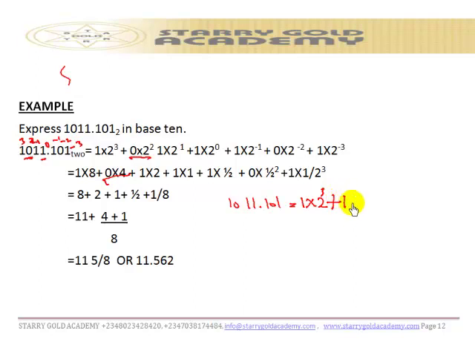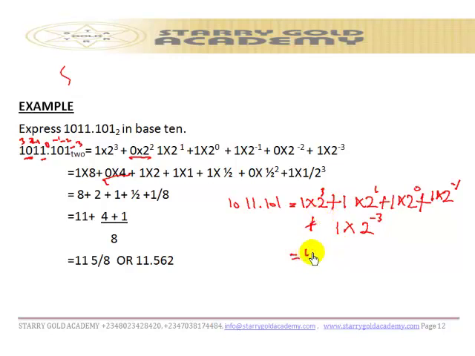That's 1 times your base raised to 1, plus 1 times your base raised to 0, plus, now to the decimal part, 1 times your base raised to -1. Skip the 0, plus 1 times your base raised to -3. 2 raised to 3 is 8.